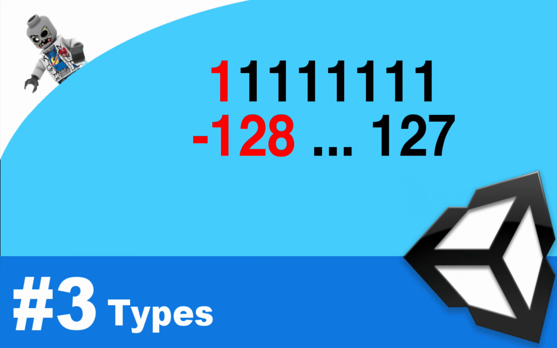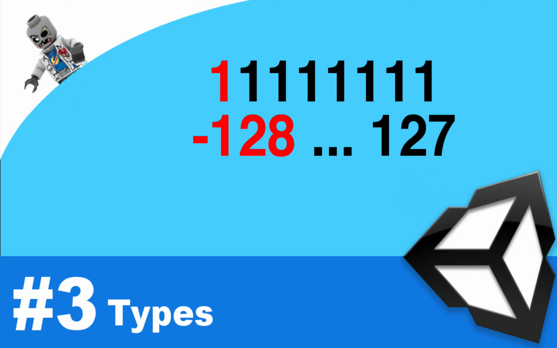But there are going to be times when you're not going to want to work with negative numbers. And you could use that extra bit for more data. By doing that, you increase the size of the number. This is where we have an idea known as unsigned types, meaning that leftmost bit that indicates the sign is instead used to increase the value of the number.